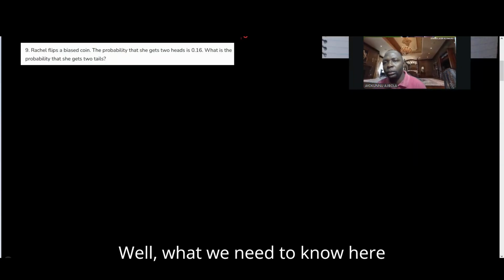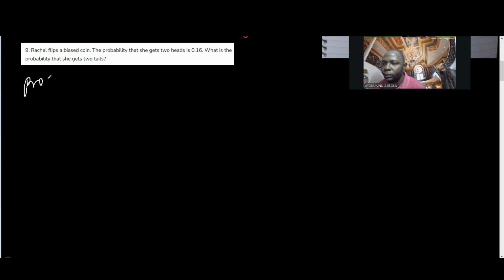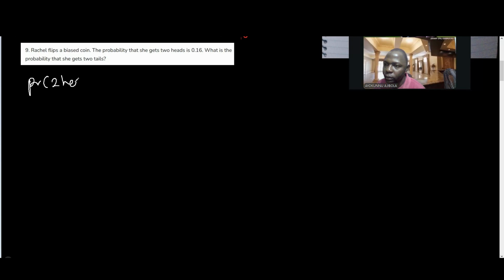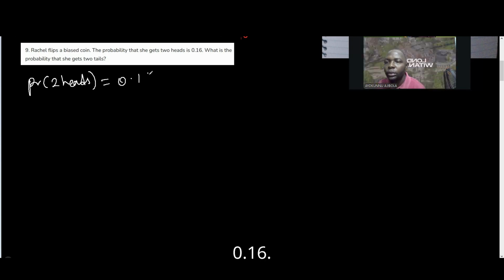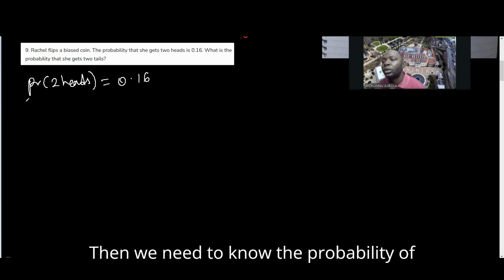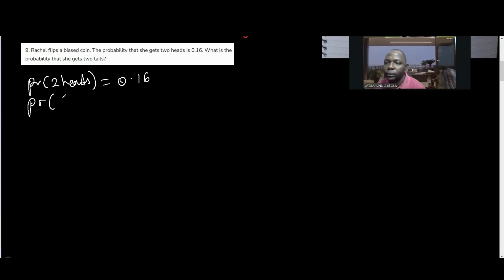Well, what we need to know here is we've been given the probability of getting two heads to be 0.16. Then we need to know the probability of getting a single head, one head.